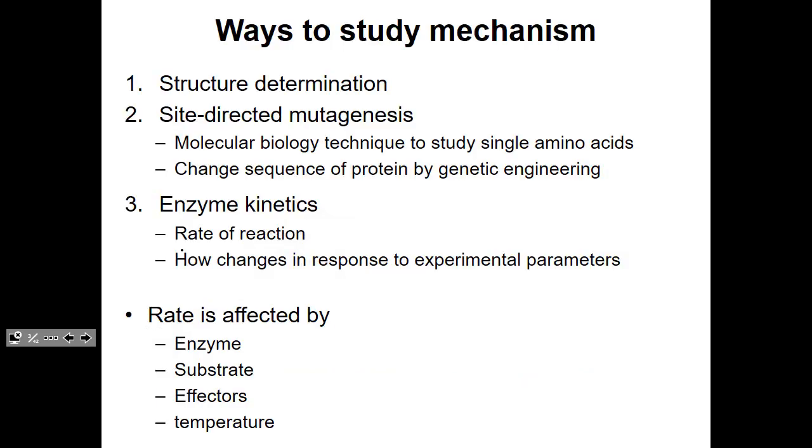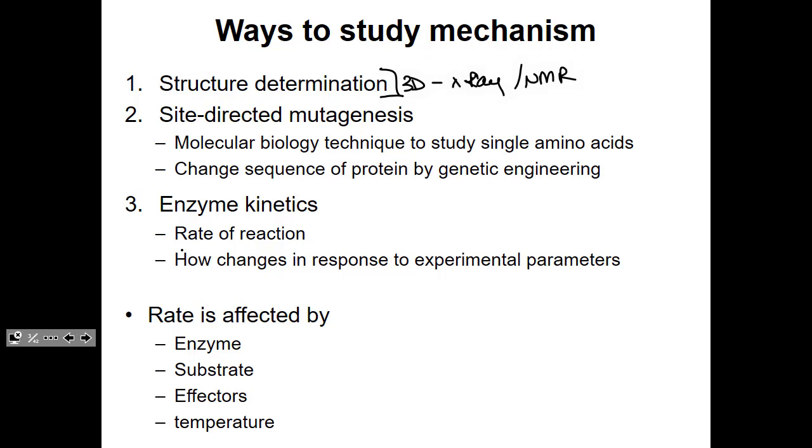Okay, so in order to understand mechanism, we need to study it biochemically, and we can do this in a couple of different ways. First is to determine the 3-dimensional structure, as we talked about in our last section in chapter 5, either by X-ray or NMR. These 3-dimensional structures can tell us a lot about catalysis.